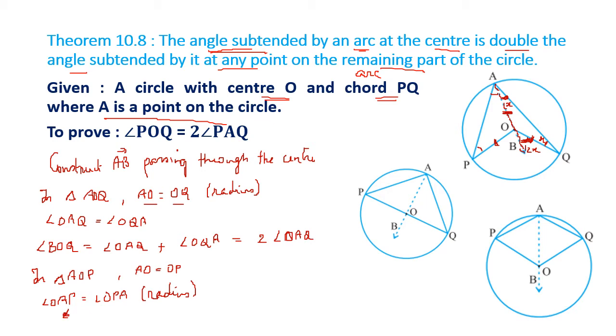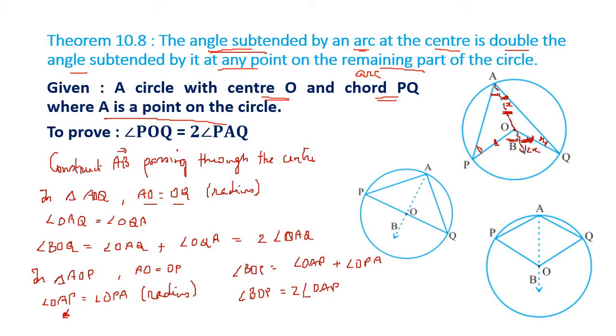Now look at the external angle BOP. This angle BOP will be equal to the sum of these two interior opposite angles, so angle OAP plus angle OPA, so angle BOP equals twice angle OAP.